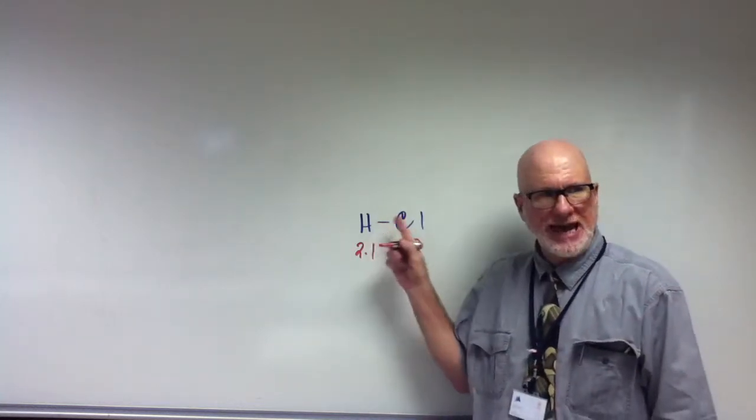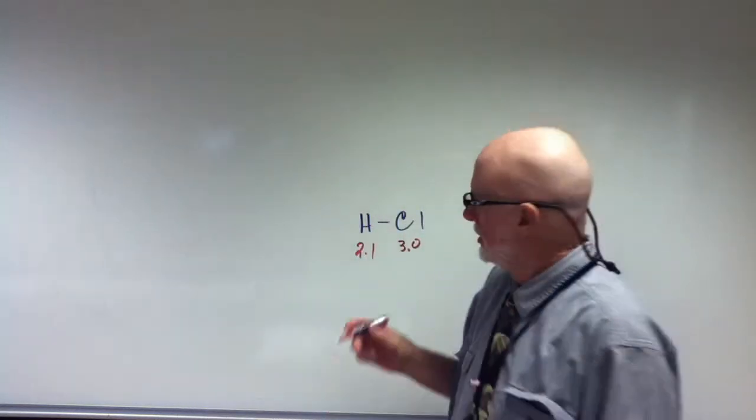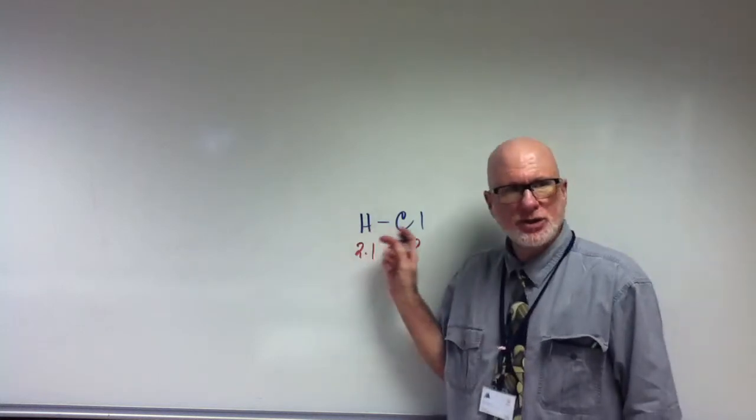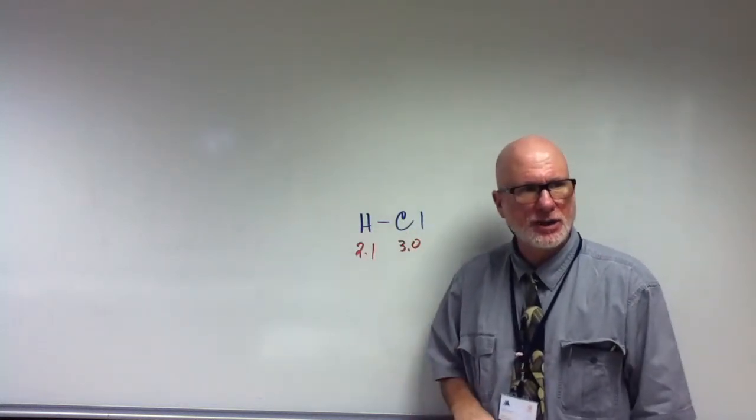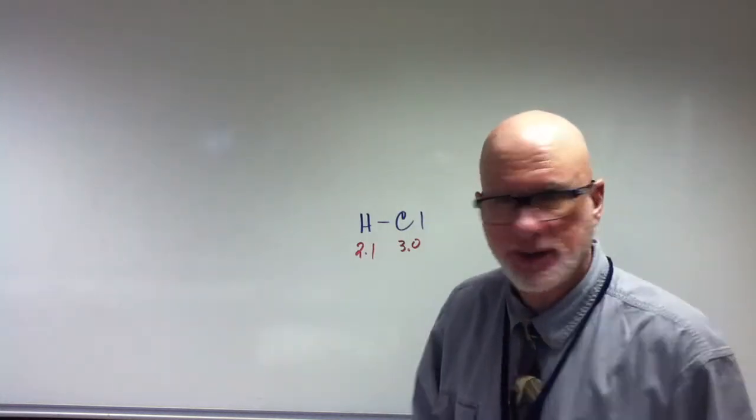By the way, each dash represents a bond, 2 electrons. So which one is going to have a greater pull on those electrons? Chlorine.